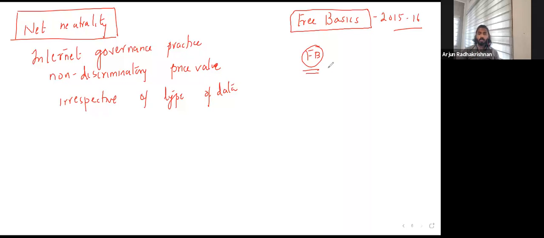So this is what is called discriminatory price value. If I want to put a status as a video, say I don't know how to type and I know how to speak, that will be costly. If I know how to type well, I can put it free of cost. Using FB was free. If I want to put the same thing in Instagram or Twitter, it is costly.